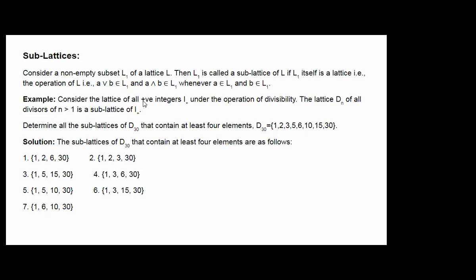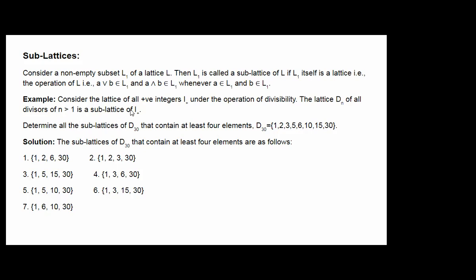Consider the lattice of all positive integers I plus under the operation of divisibility. The lattice Bn of all divisors of n greater than or equal to 1 is a sublattice of I plus. How is the sublattice proved here? Because here we are taking all the positive integers, n must be greater than 1.